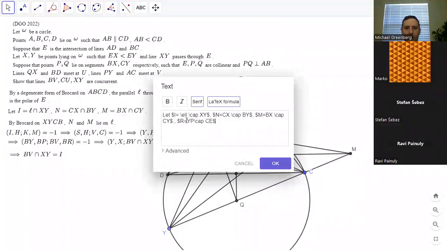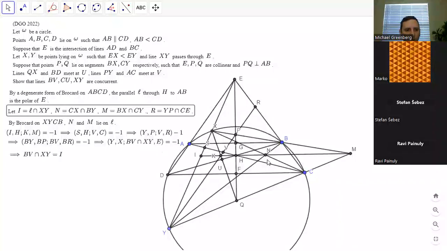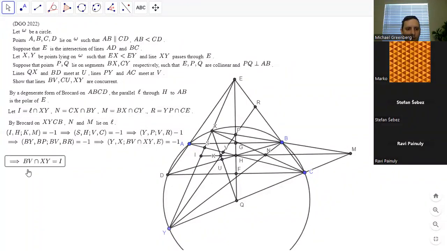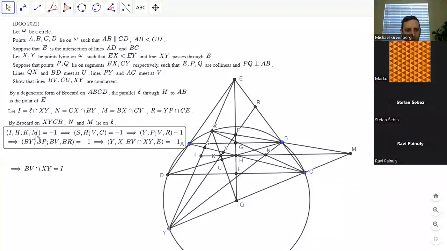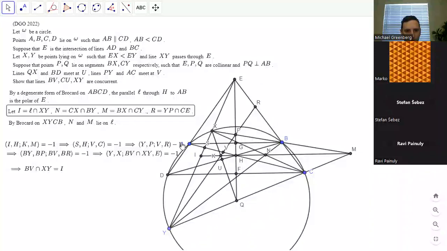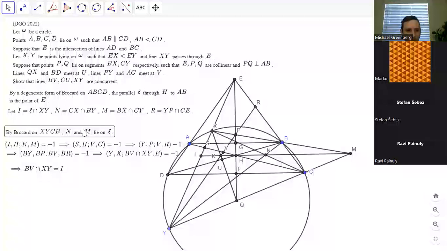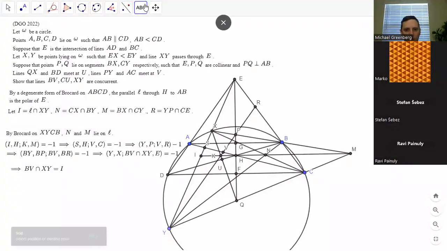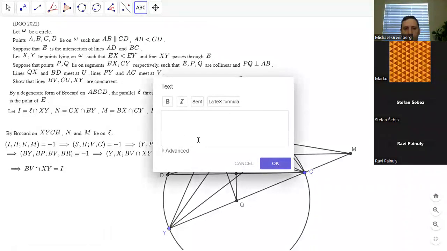Although that's kind of obvious from the diagram. Okay, we have to show that K lies on the polar, but that's true by Pappus. Okay, so K is XQ intersect PY.